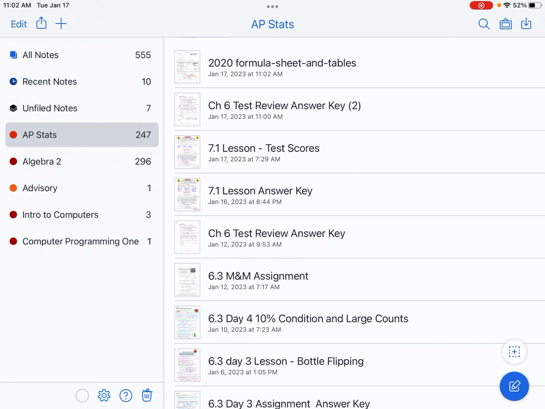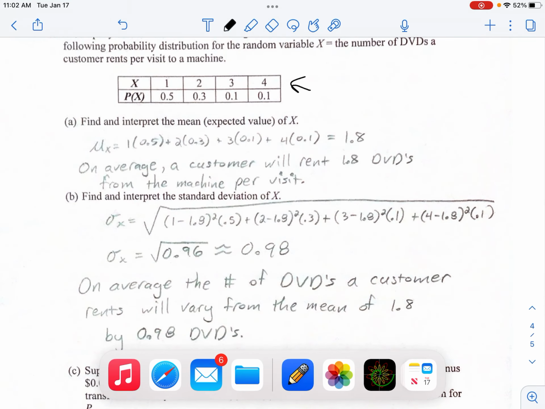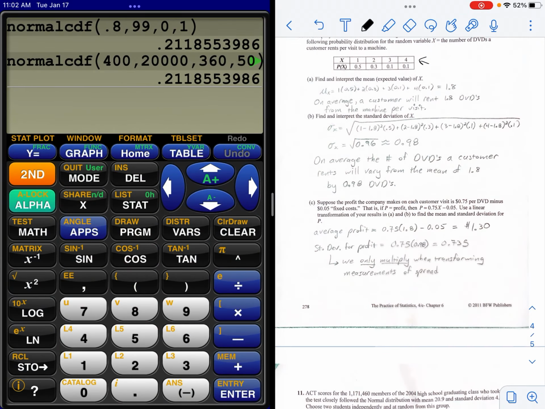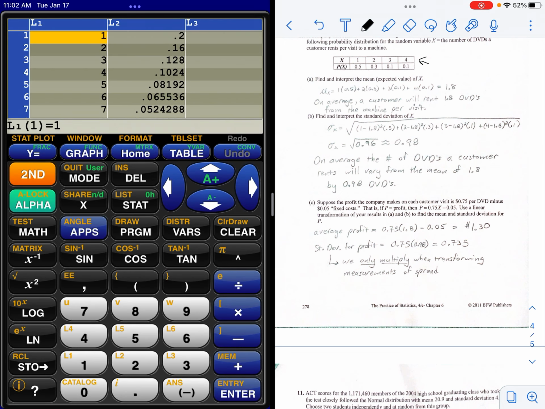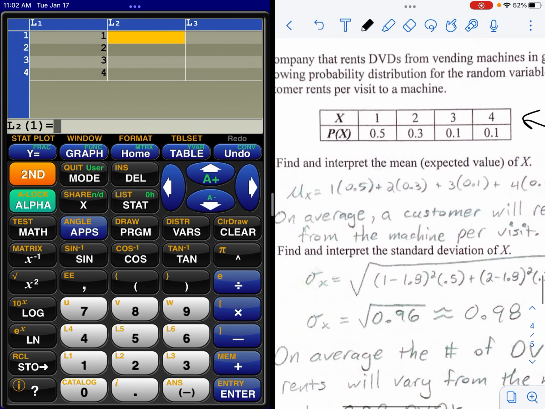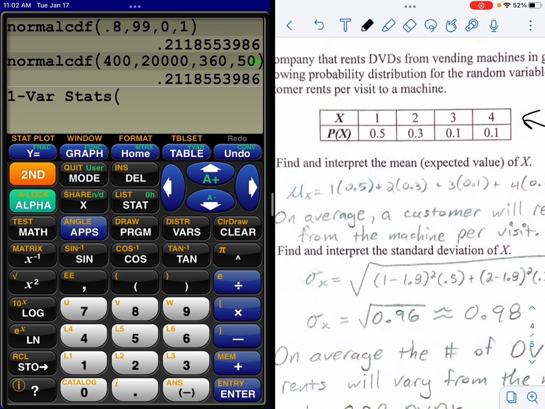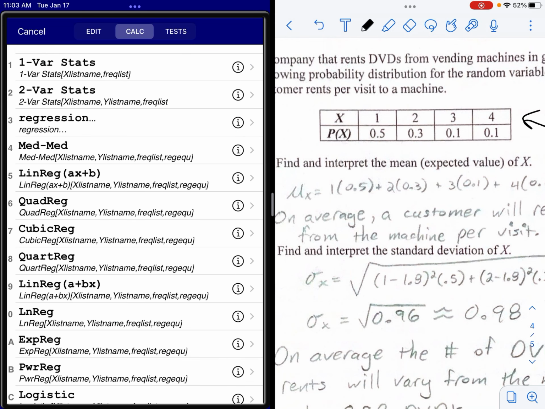There is a way you could do this with lists on your calculator. On the lists, in the first one you put 1, 2, 3, 4, and then 0.5, 0.3, 0.1, 0.1. Then when I do stat calculate number 1, you see what number 1 says there?